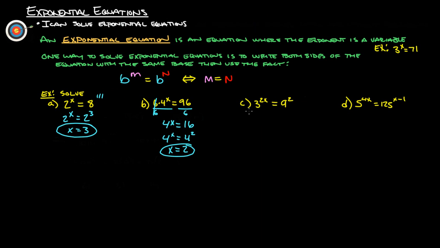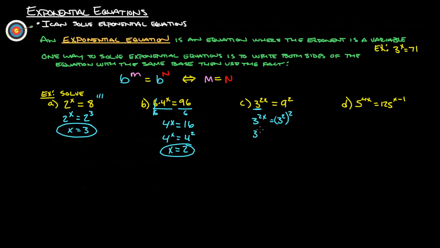So for C here, we've got 3 to the 2x equals 9 squared. So I'm going to try to get both of these into base 3. So I'm going to leave the 3 to the 2x. And then 9 we know is 3 squared, right? That equals 9. And then we got to raise that to the second power.